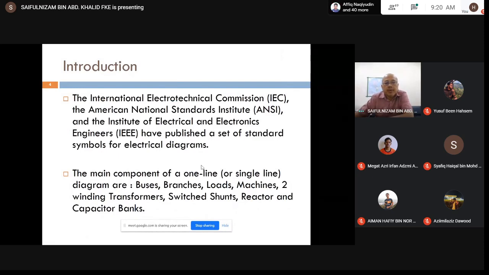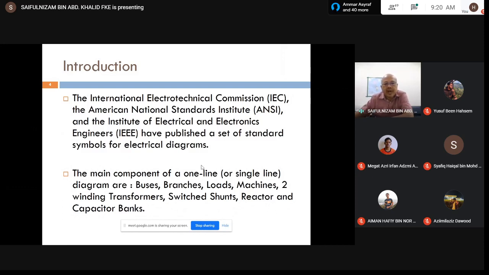In a single line diagram, the system components are usually drawn in the form of their symbols. Each component, for example the synchronous machine or generator, the transformer, and the transmission line, has its own symbol.